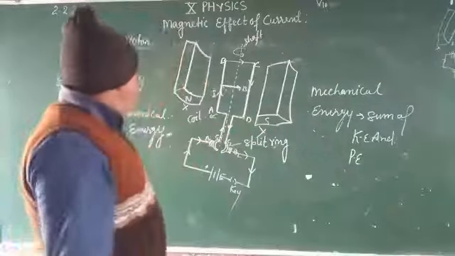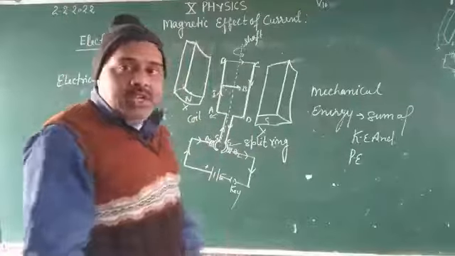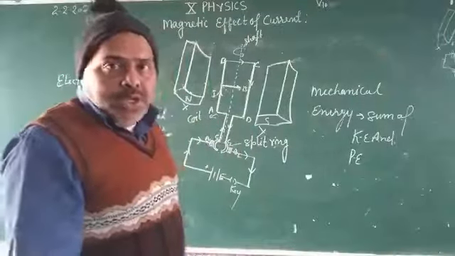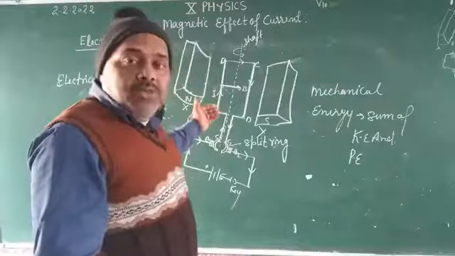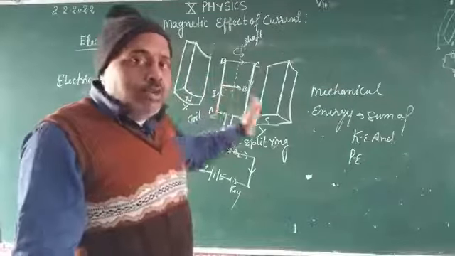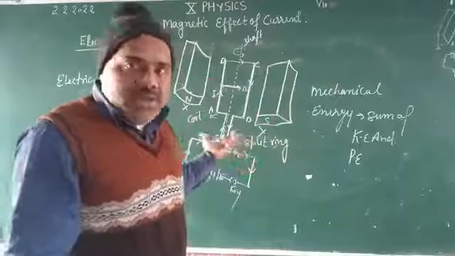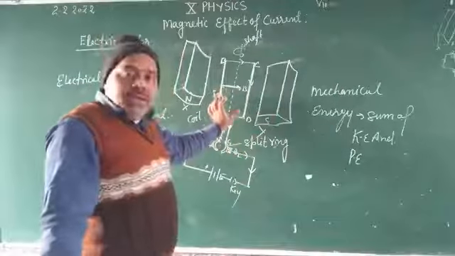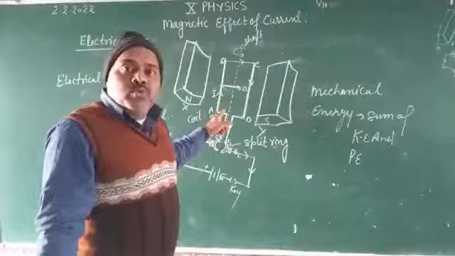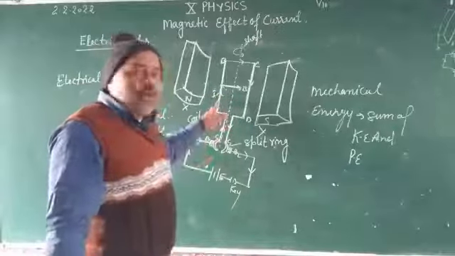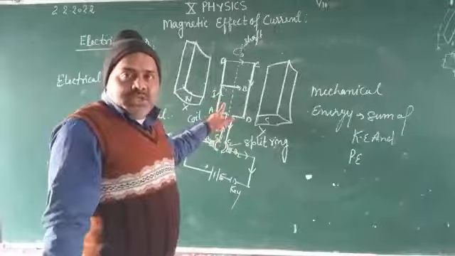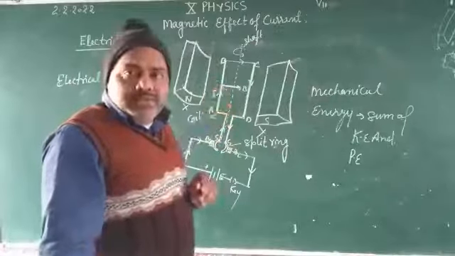Dear student, here we can convert electrical energy into mechanical energy by the electric motor. It is a direct device which converts electrical energy into mechanical energy, and which works on the principle of the magnetic effect of current. Because when the coil begins to rotate by the action of force, because the current passes through this coil, now it begins to rotate and cuts the magnetic field lines.